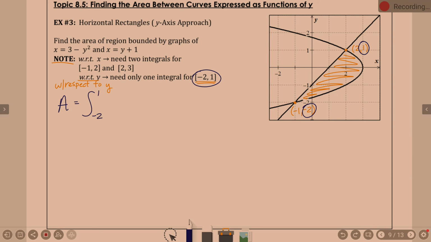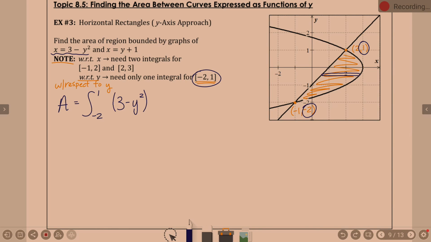Now, in respect to y, remember, we're looking at rectangles that go sideways, right? Right minus left. What's my right curve? It's x equals 3 minus y squared, so what are we going to use? The 3 minus y squared.